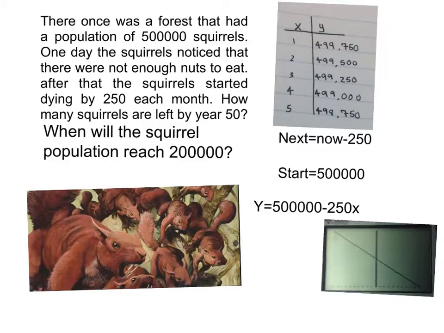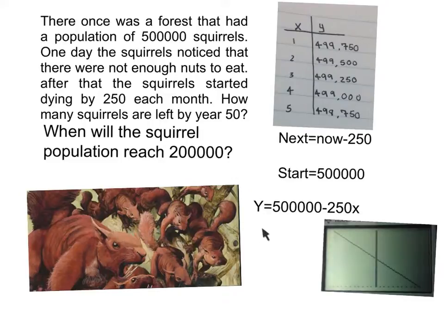Our second problem is, when will the squirrel population reach 200,000? To do this, we type in the equation into our calculators, 500,000 minus 250x, and we go to second graph, and then we scroll all the way down to 1,200 months, and we see that the squirrel population will reach 200,000 in 1,200 months.